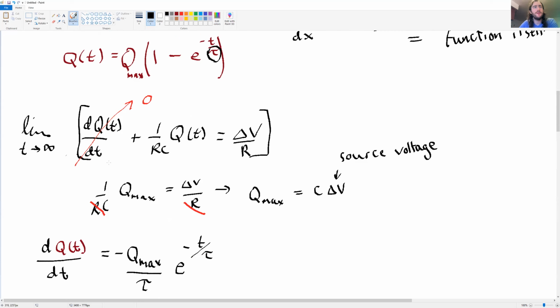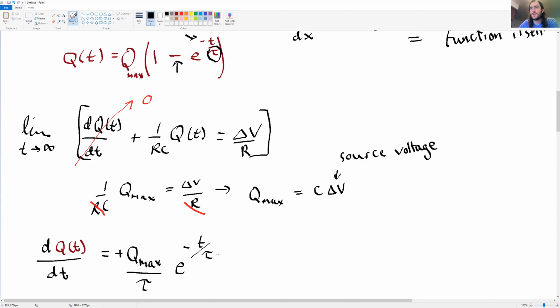And so for my derivative of q, I have minus q max over tau e to the minus t over tau, right? Oh, sorry, and actually there's a double minus here, so it comes out to plus. There's 1 minus here, and then there's 1 minus here from the chain rule.